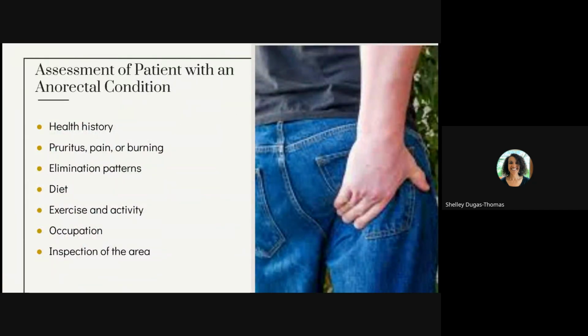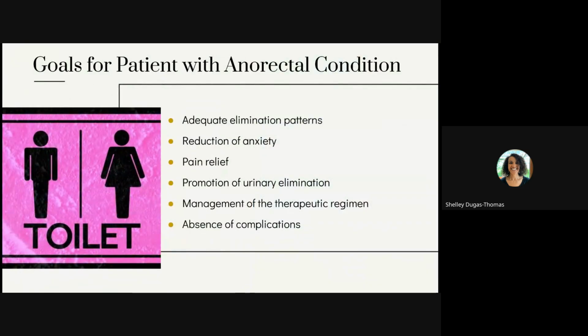So, assessment of anal rectal disorders includes obtaining a health history, including pruritus, pain, or burning, assessing bowel elimination patterns, diet, exercise and activity, and occupation, and performing inspection of the anal rectal area. You want to help them maintain adequate elimination patterns, reduce anxiety and provide pain relief, promote urinary elimination, ensure proper management of the therapeutic regimen, and prevent and monitor for complications.